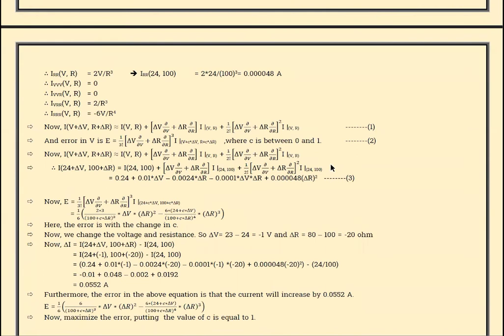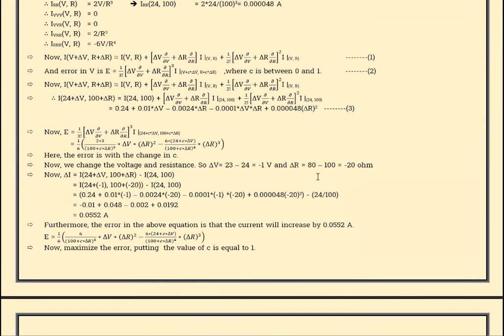And our error term becomes as the following. Now here the error is changing when we change C. Now we change the voltage and resistance, so ΔV is equal to −1 and ΔR is equal to −20 ohm.